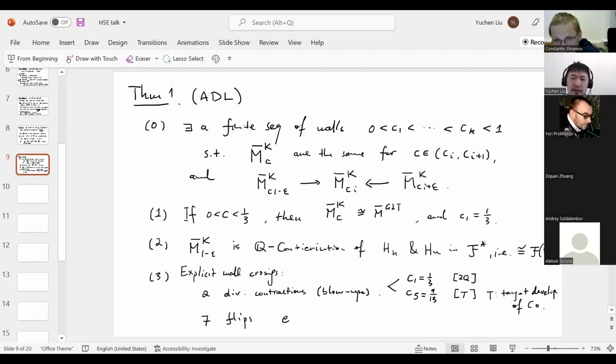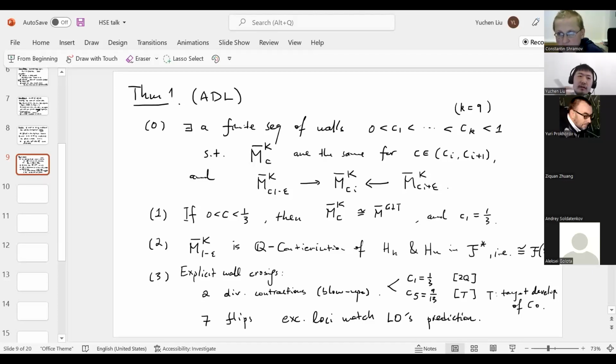The exceptional loci match Laza-O'Grady's prediction. So there are 9 walls, right? Yes, there are 9 walls. So K equals 9 in the notation. Exactly. So K equals 9.